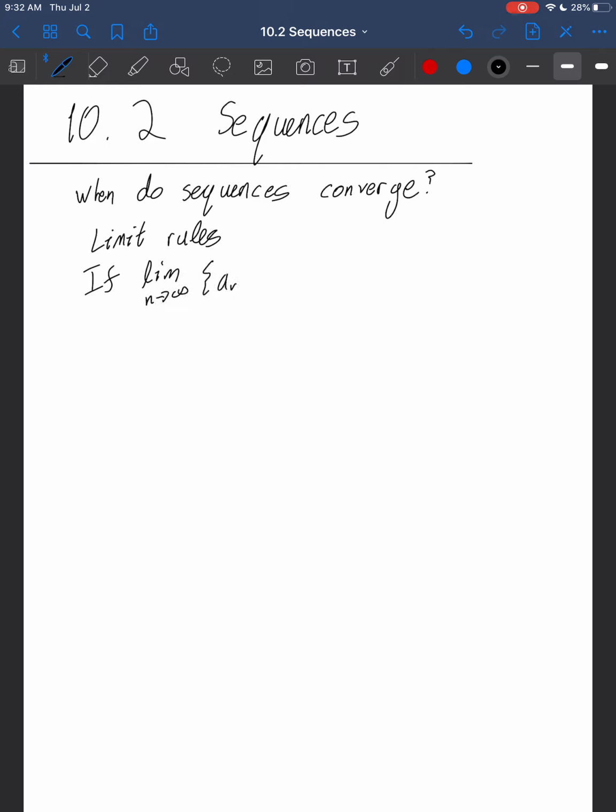The limit as n goes to infinity of a sub n equals a, and the limit as n goes to infinity of b sub n equals some number b, where a and b are not positive or negative infinity. Then we have the following limit rules.